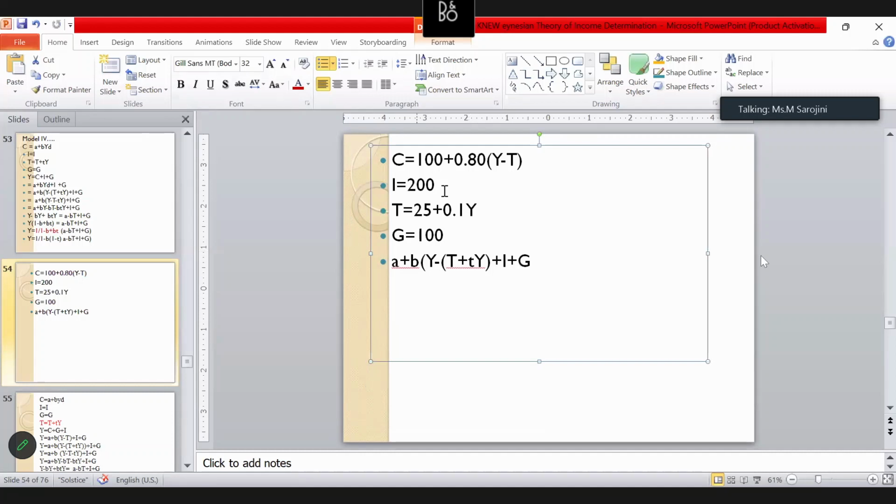From this equation, Y is equal to, we can substitute the things.